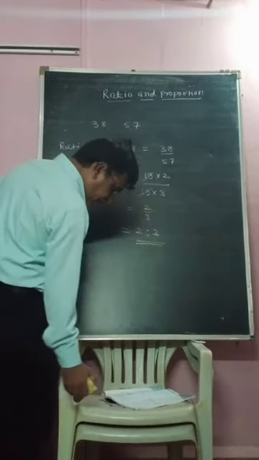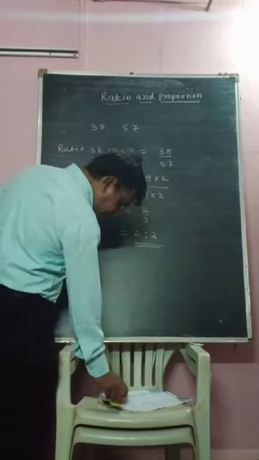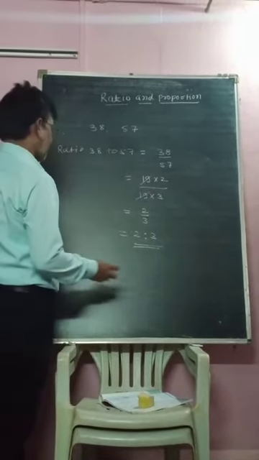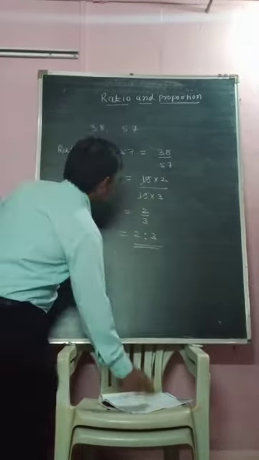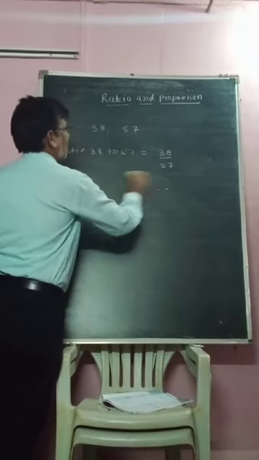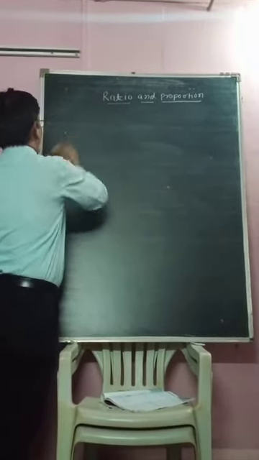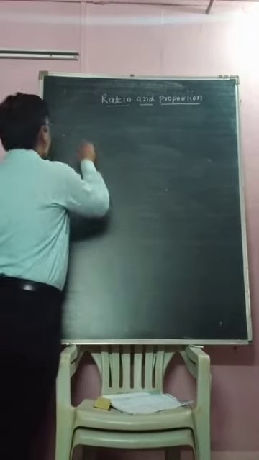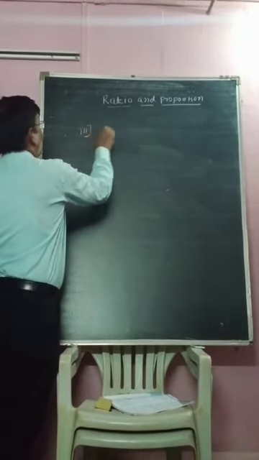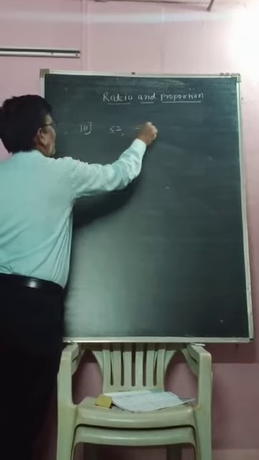The third question is 52 and 78. 52 to 78.